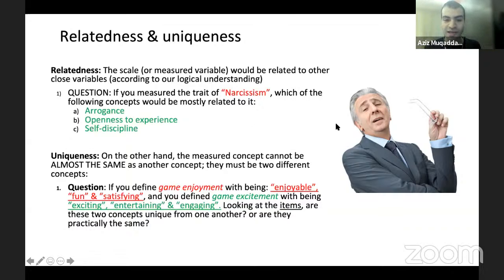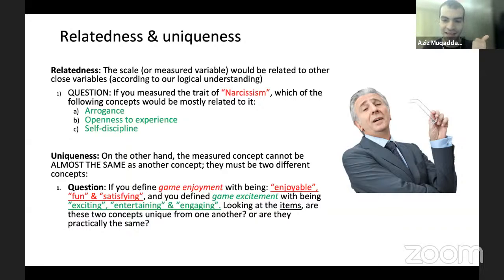Suppose we are measuring the trait of narcissism. People are familiar with narcissism, right? Okay. Which of the following concepts would be most related to it? A, arrogance, B, openness to experience, and C, self-discipline. You can answer in the chat if you like.